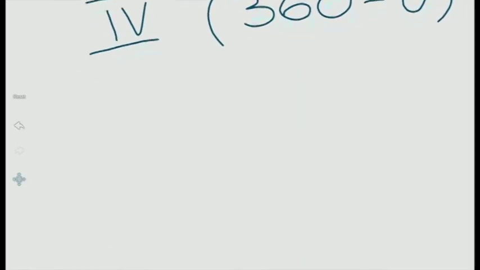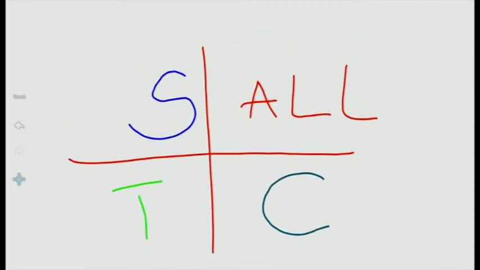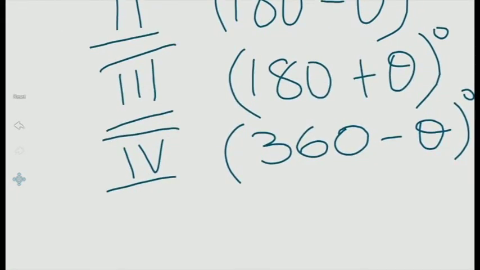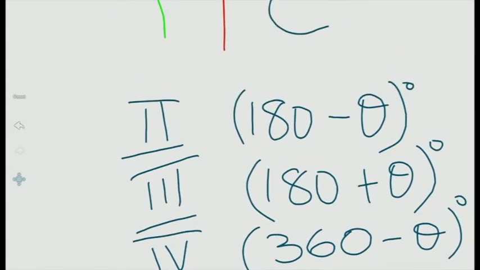So now, given an angle in the first quadrant, or given the trigonometric ratio of an angle in the first quadrant, where all are positive, sine, cosine, and tangent, we have the corresponding angles in the second, third, and fourth quadrants.